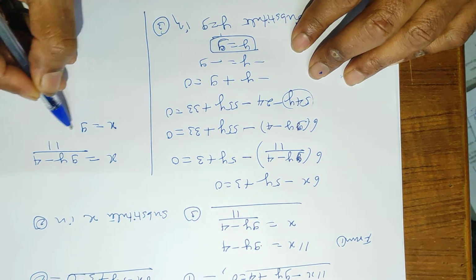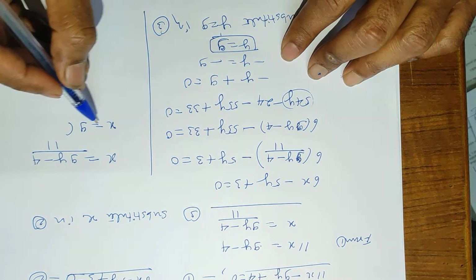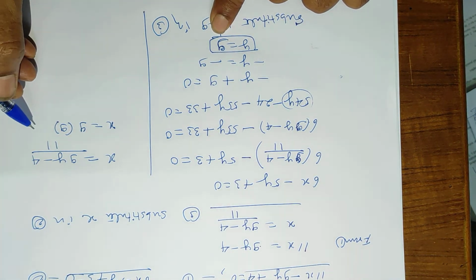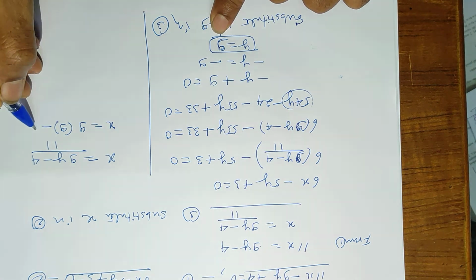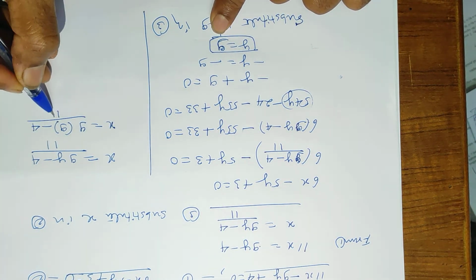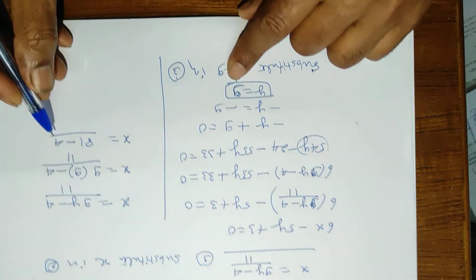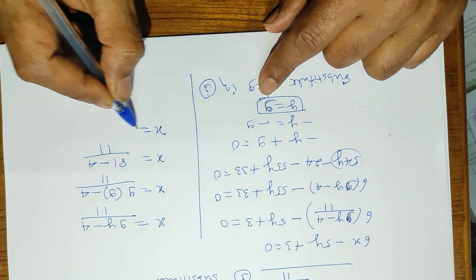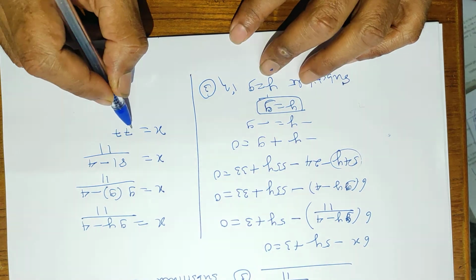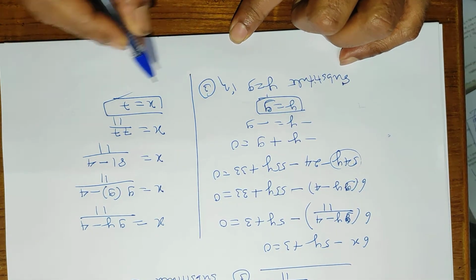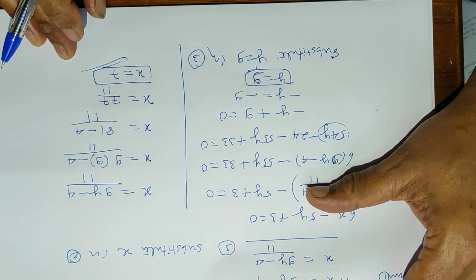So x equals 9 into 9, minus 4 by 11. X equals 81 minus 4 by 11. X equals 77 by 11. X equals 7.